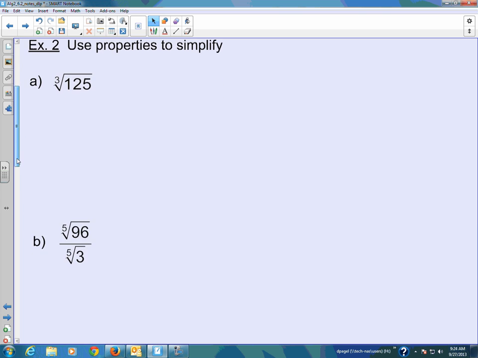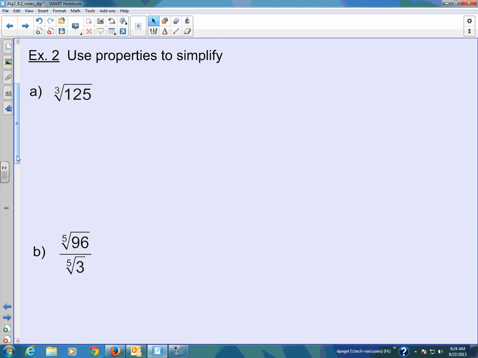All right, so let's do some simplifying here with these. Cube root of 125. It is great if you happen to know your perfect squares, cubes, fourths, fifths, sixths, for numbers, say 1 through 9, for the first 3, 4 powers. If that's the case, you will recognize that 125 is actually a perfect cube. It's actually the same thing as saying 5 cubed.